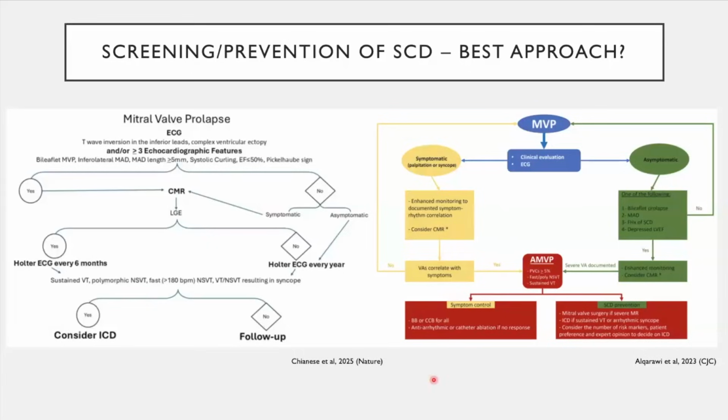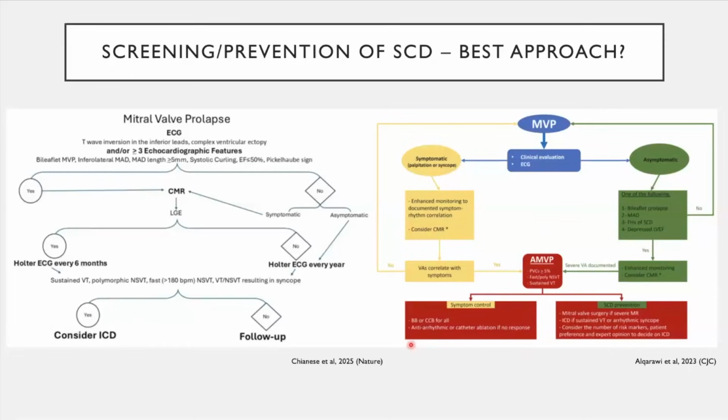On the right here is another algorithm that's quite similar. Again, starting from if you have mitral valve prolapse and are symptomatic on the basis of palpitations or syncope secondary to ventricular arrhythmias, again considering a cardiac MRI, and then if you made this diagnosis of arrhythmic mitral valve prolapse on the basis of ventricular arrhythmias correlating with symptoms, symptom control is also important to consider.